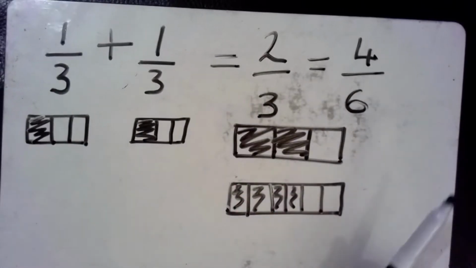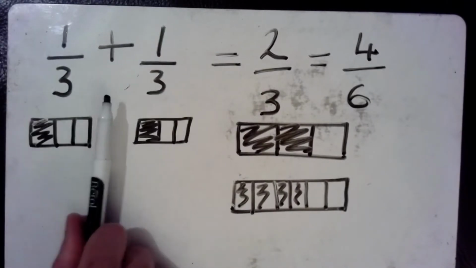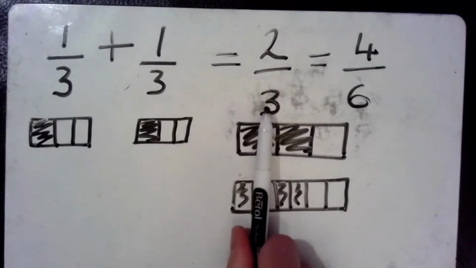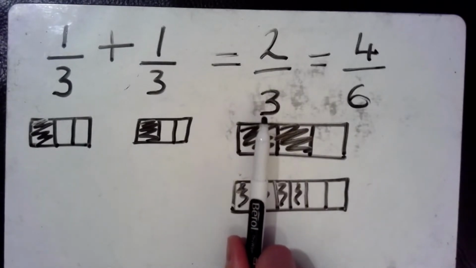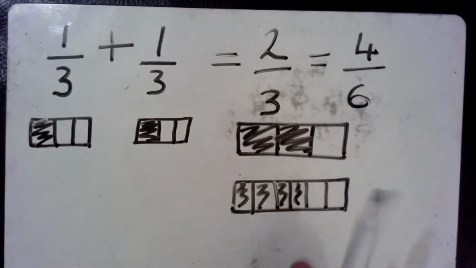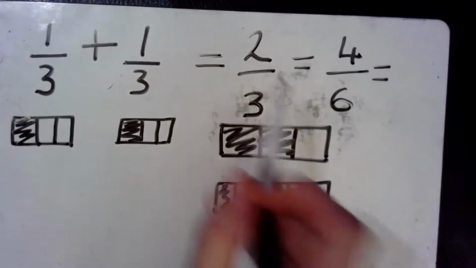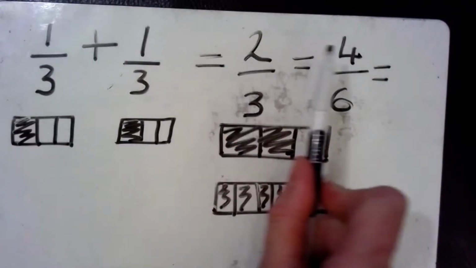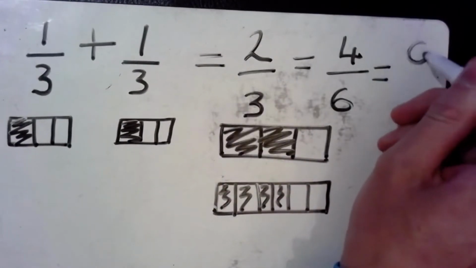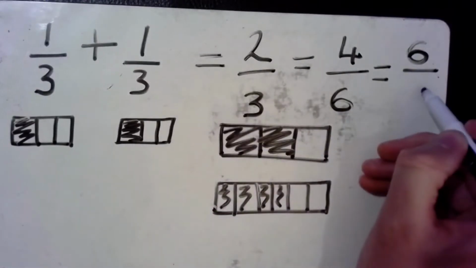So we're linking together a lot of the maths that we've already done. We're doing the fraction addition, working out the answer, and then using the maths we've been doing with equivalent fractions to work out an equivalent fraction. If you could, to push yourself, try and work out the next one. We're going in 2's on the top here, so 2, 4, 6, and 3's on the bottom, 3, 6, 9, so 6/9.